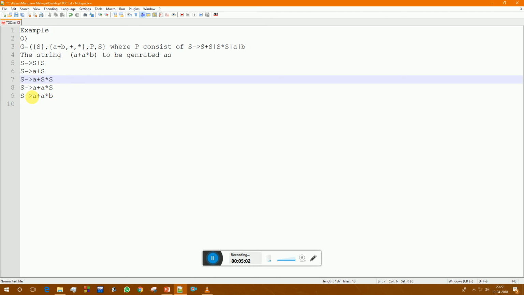The last step I am going to do is replacing this last symbol with b according to my production rule. So the string which I needed to be generated is now generated. Thus, at last we can say that the grammar is ambiguous. Thank you.